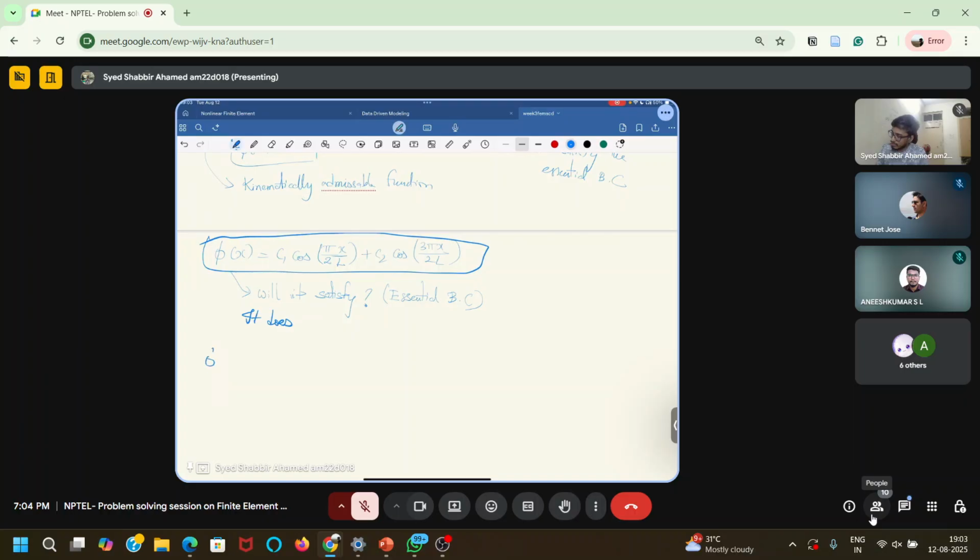Let's take something else. Instead of cos, I'll take sine, sine of 3 pi x by 4. Will this satisfy?